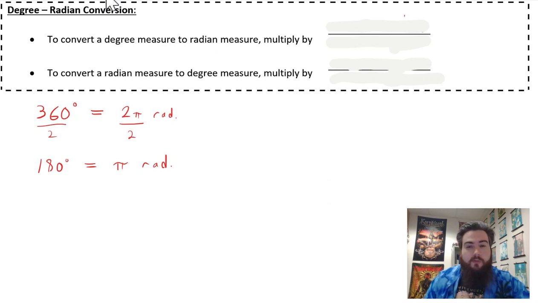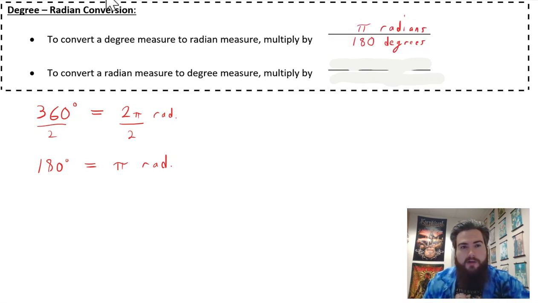Using this information, we now should be able to come up with the conversion factor to convert between degree measure and radian measure. If we are converting from degrees to radians, we will multiply by pi radians divided by 180 degrees. Whereas if we're converting from radian measure to degree measure, we will multiply instead by 180 degrees divided by pi radians.